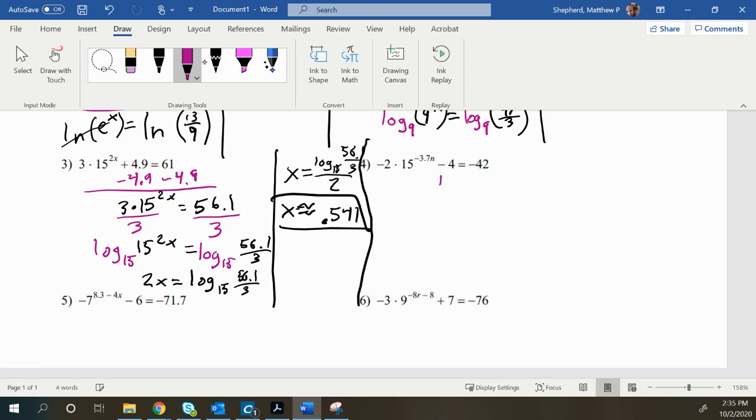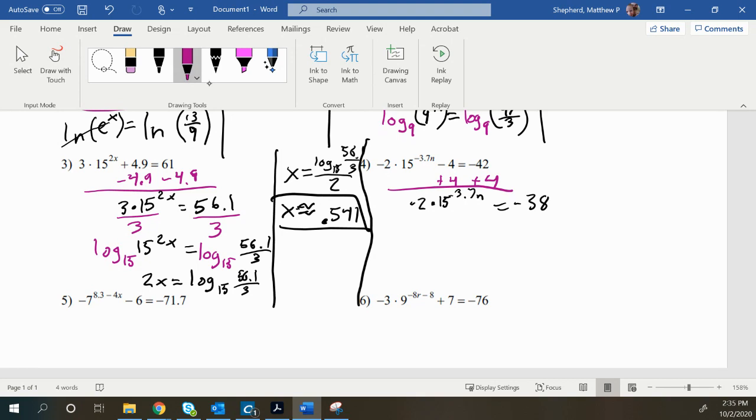All right, and continuing on. Notice each time, a lot of these solving problems, it's steps that you should have been practicing for a good while before now. So adding the 4 to both sides, and I get negative 3.7n is going to equal negative 38.